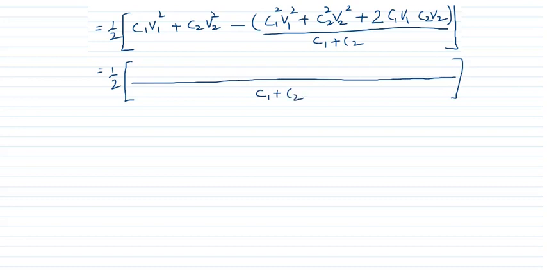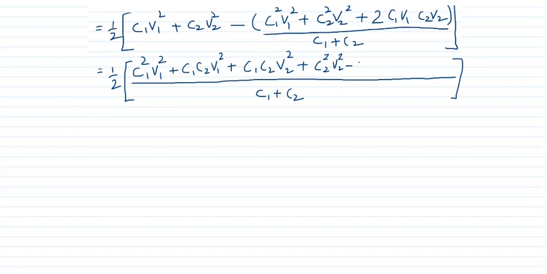C1 plus C2, and I will multiply it. It will become C1 square V1 square plus C1 C2 V1 square plus C1 C2 V2 square plus C2 square V2 square minus, now I will open this bracket.